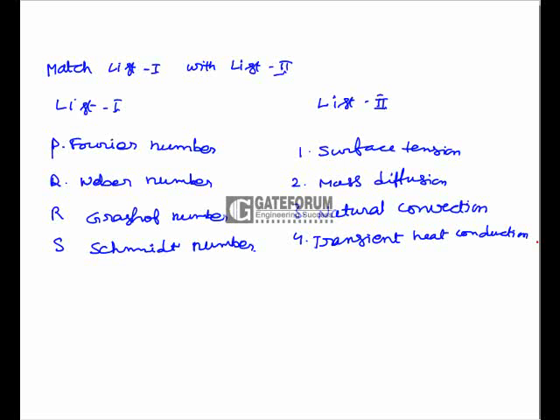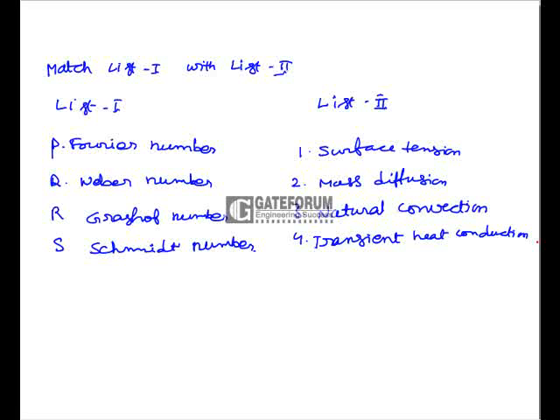Match list 1 with list 2. Here list 1 consists of different dimensionless numbers and list 2 consists of the related parameters. Here in list 1 there are 4 numbers: Fourier number, Weber number, Grashof number and Schmidt number. And list 2 consists of surface tension, mass diffusion, natural convection, transient heat conduction.